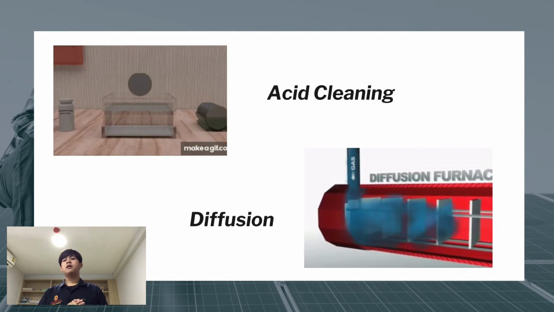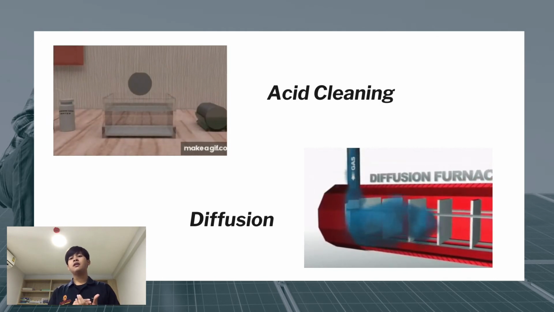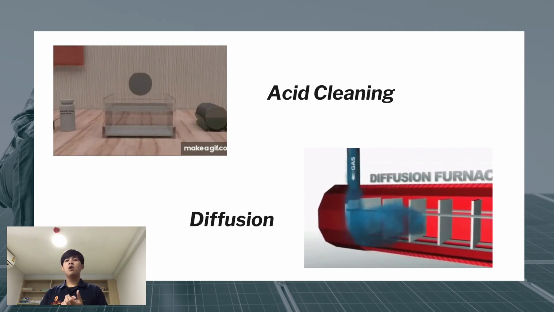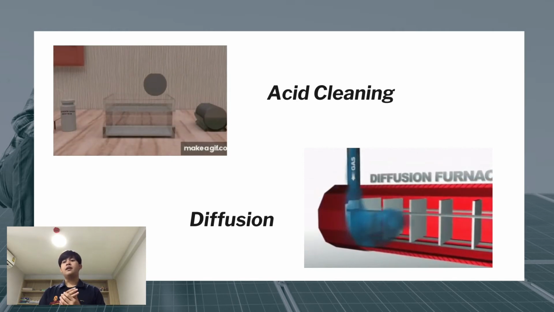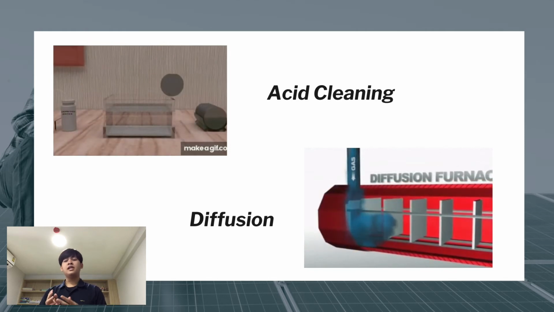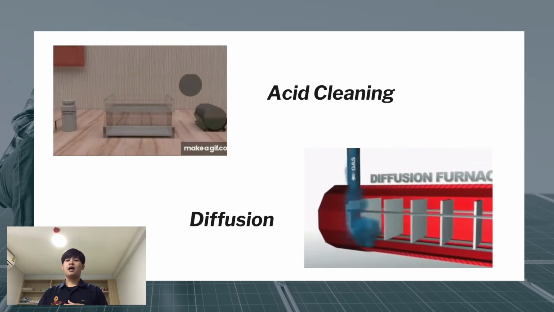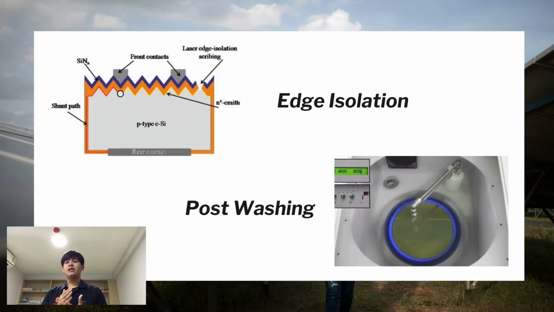Third, cleaning the wafer with acid such as HF and HCl to remove post-texturing particles from the surface. Then, adding dopant to the surface to create an electrical path between the front and back side of the solar wafer, and removing the electrical path along the wafer edge by edge isolation.